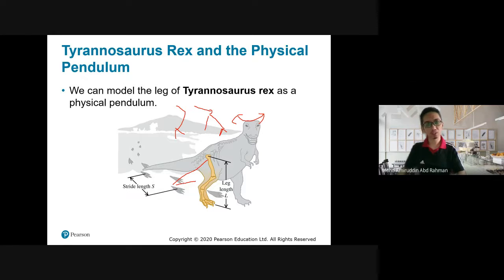It follows simple harmonic motion for the small straight line over here, but for the big straight line, it won't follow simple harmonic motion. So that's why it is related to the physical pendulum. That's an example of the physical pendulum.